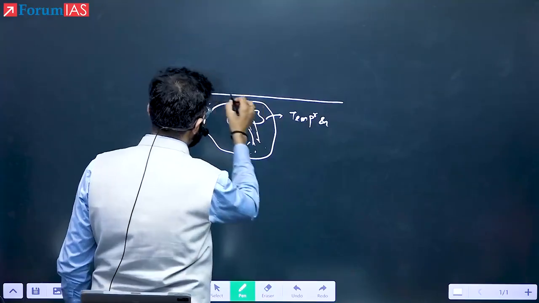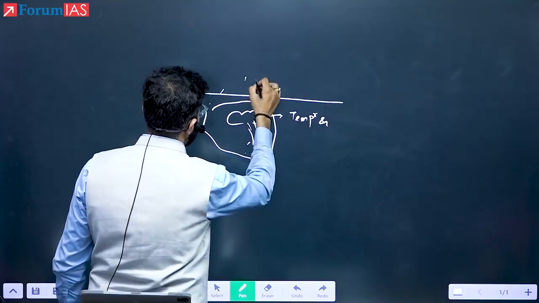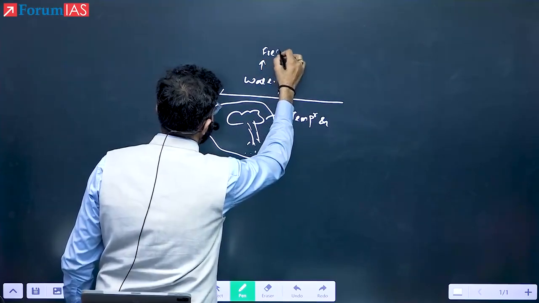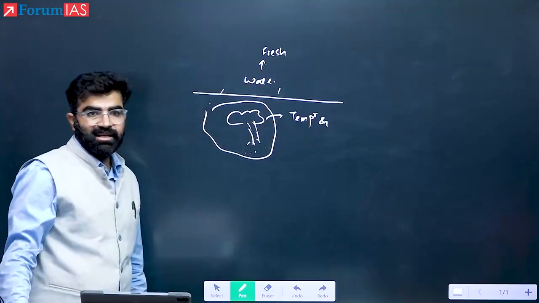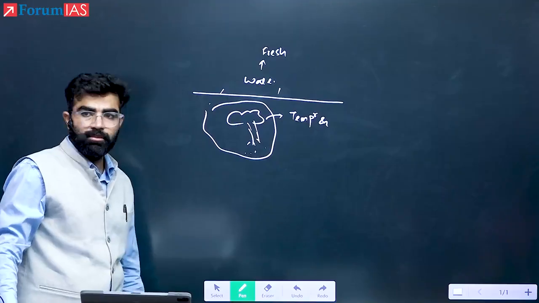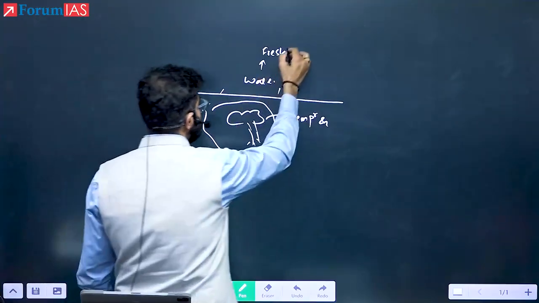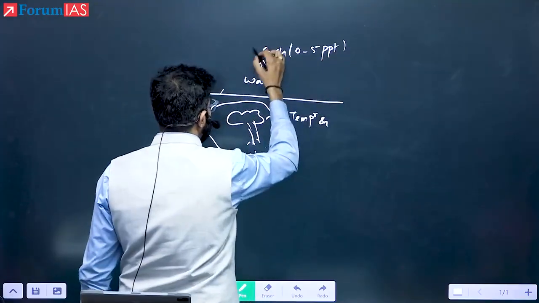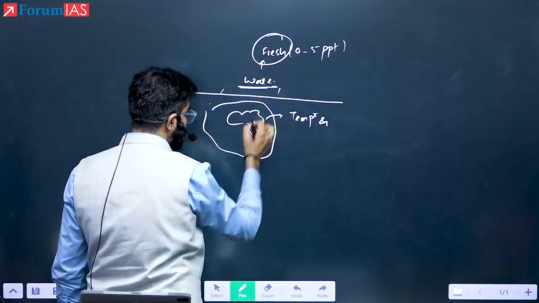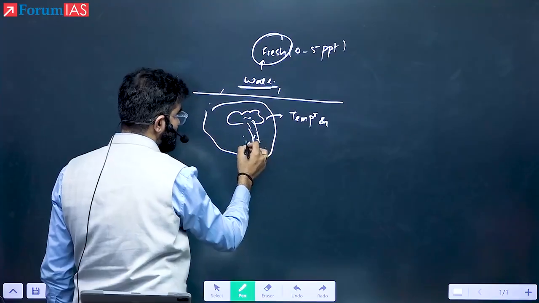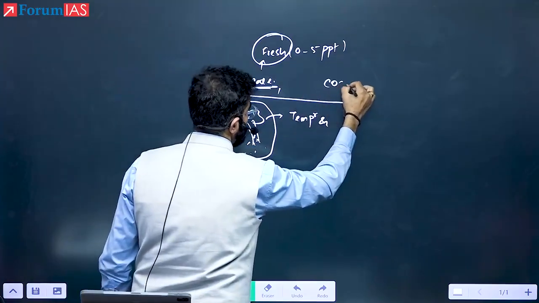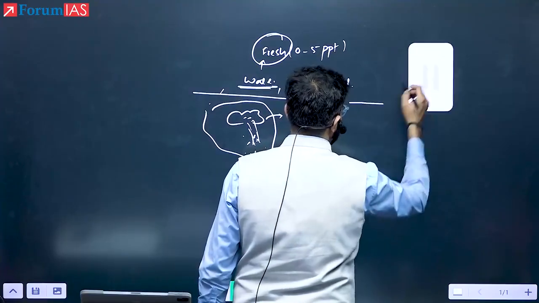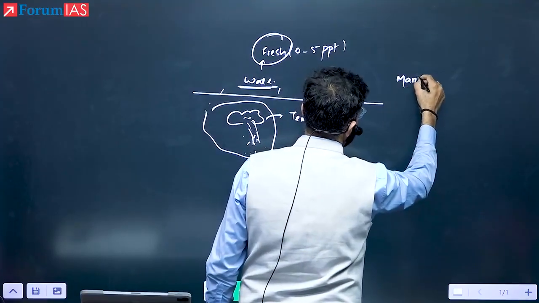And if it is submerged under water, let's consider this was a freshwater body. What do you understand by a freshwater body? Where the salinity is how much? Freshwater body means the salinity is between 0 to 5 ppt, parts per thousand. Under freshwater, please remember, this type of living sediment will result in the formation of coal. Whereas if they are under marine conditions, what do you understand by marine?